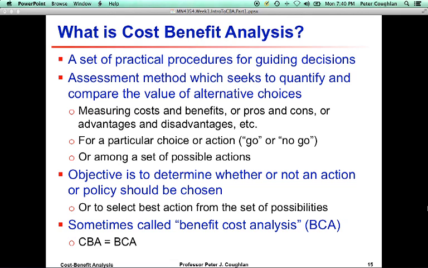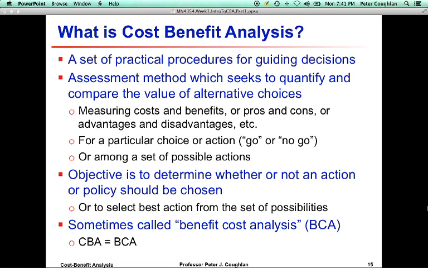Now, you may also be familiar with the concept, and we will talk about it in this course, of cost-effectiveness analysis, or CEA. There's also something equivalent called BEA, benefit-effectiveness analysis, but you rarely hear about that. We will talk about cost-effectiveness analysis and how it differs from general cost-benefit analysis later in the course.